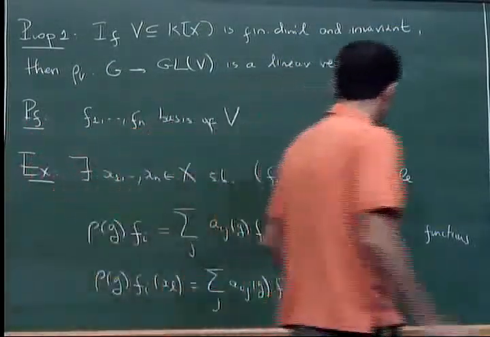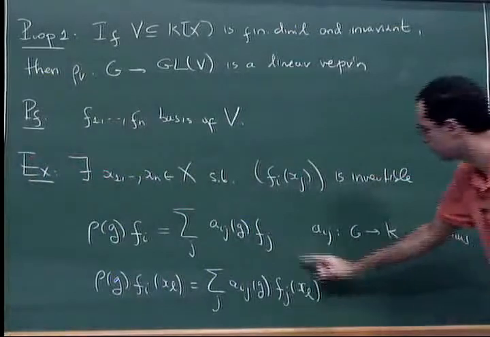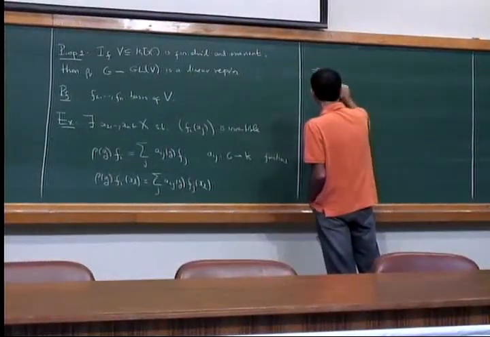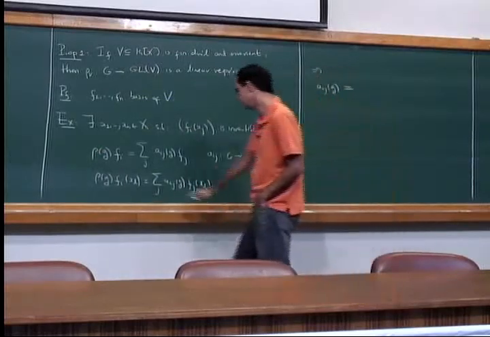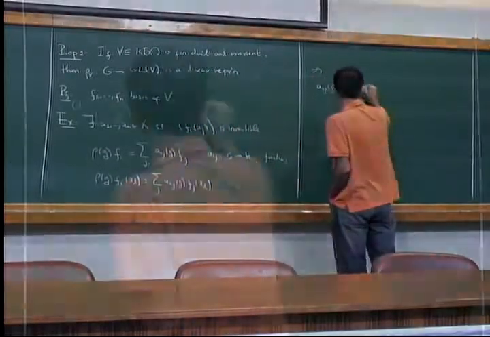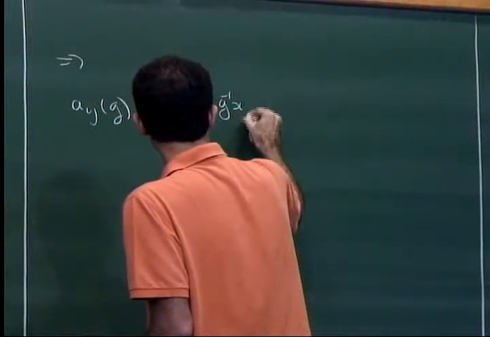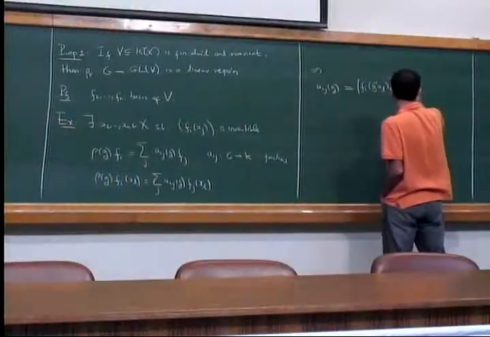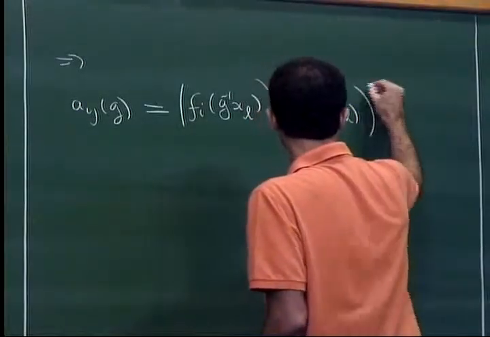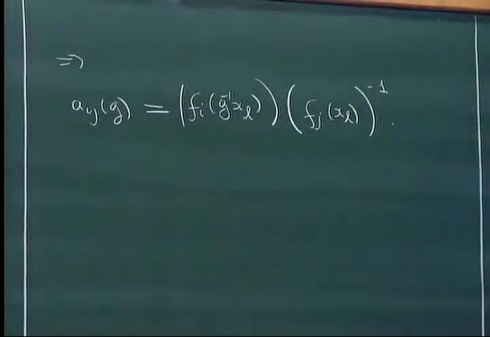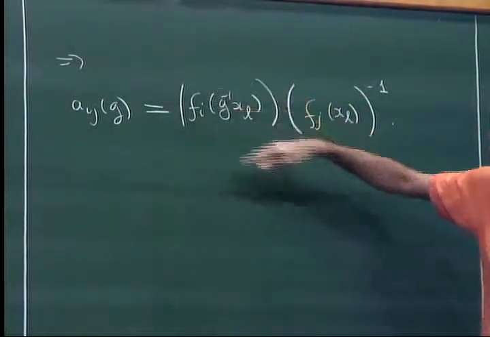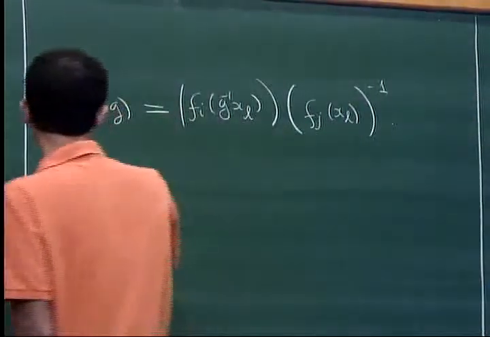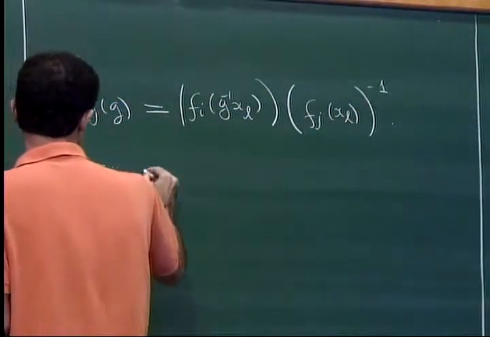Since this matrix here is invertible, you can write this matrix as this one, given this way, times the inverse of this one. Now, these entries depend regularly on g. They are regular functions, and so are these. So these a_ij are regular.